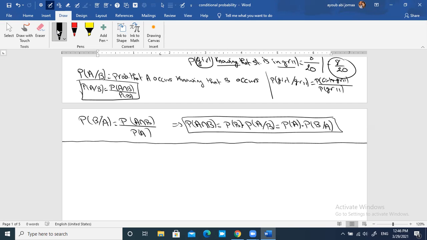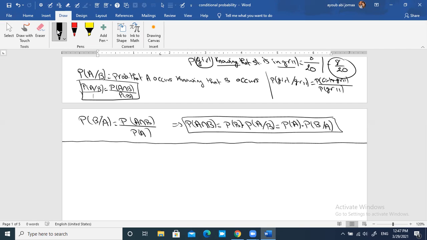A intersection B. If you use the cross product, here we have over 1. Multiply probability A intersection B times 1, you get probability A intersection B. And then you multiply B times probability of A given that B.